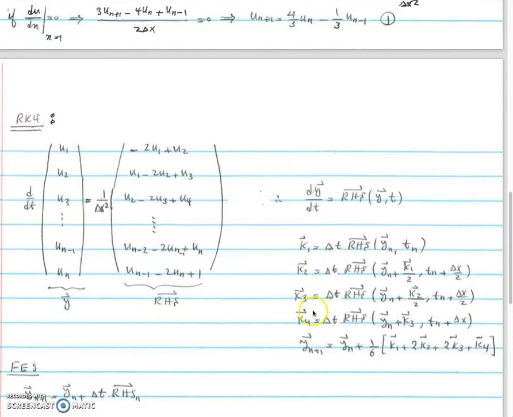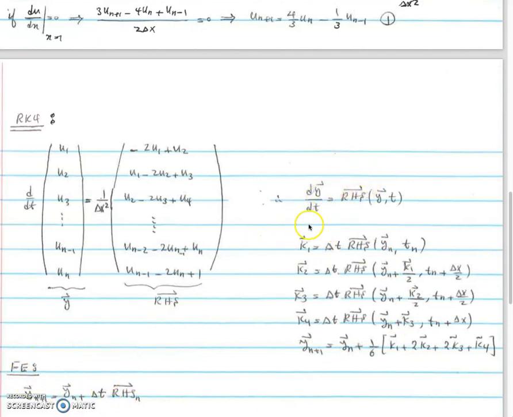After calculating all these 4 k vectors, we can calculate y(n+1), which is y(n) plus the weighted average of k1 to k4. That is to say, 1/6 (k1 plus 2k2 plus 2k3 plus k4). Okay, so this is the Runge-Kutta 4 version of solving this system, and this one is the forward Euler version of the same equation.